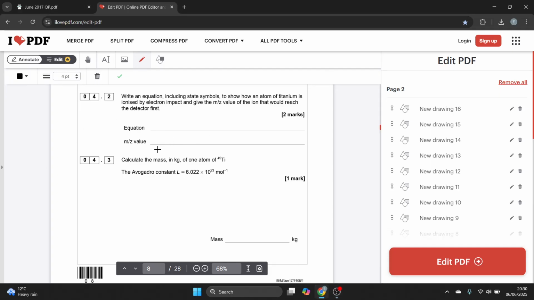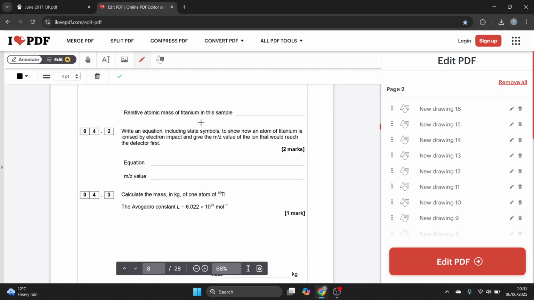Write an equation, including state symbols, showing how an atom of titanium is ionised by electron impact. Electron impact is when the sample is vaporised and you fire high energy electrons, knocking one electron off so it becomes a positive ion.